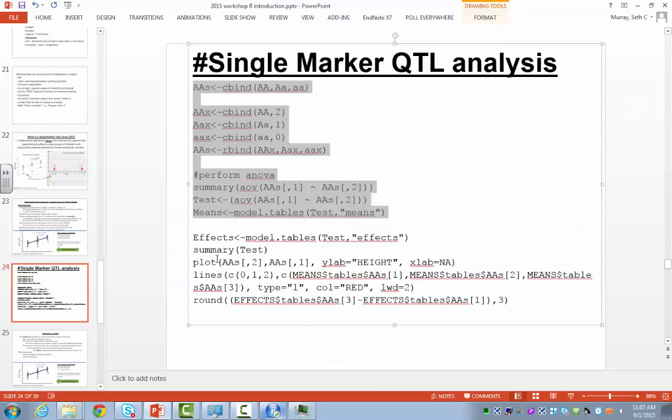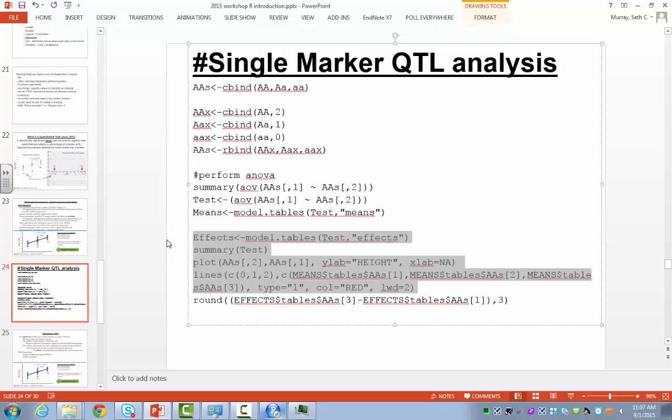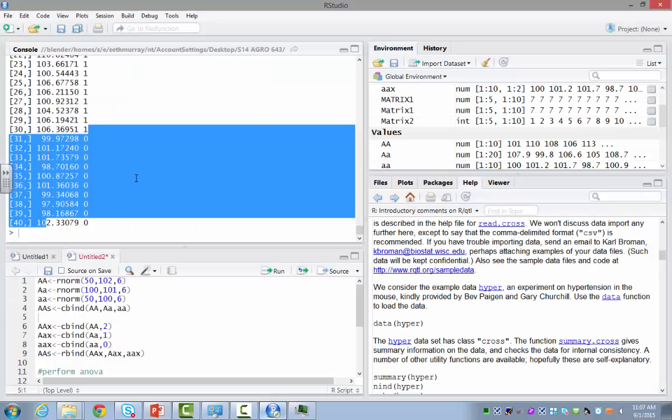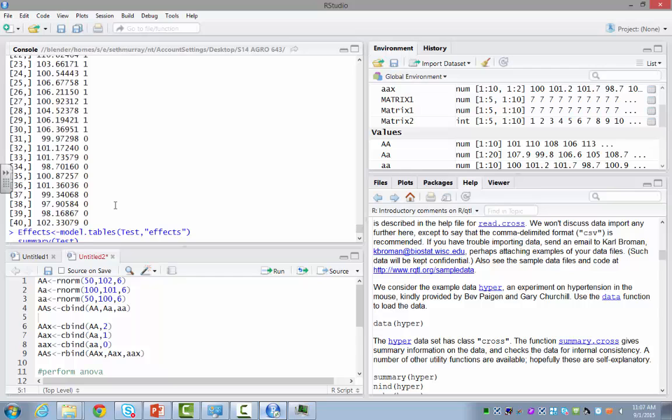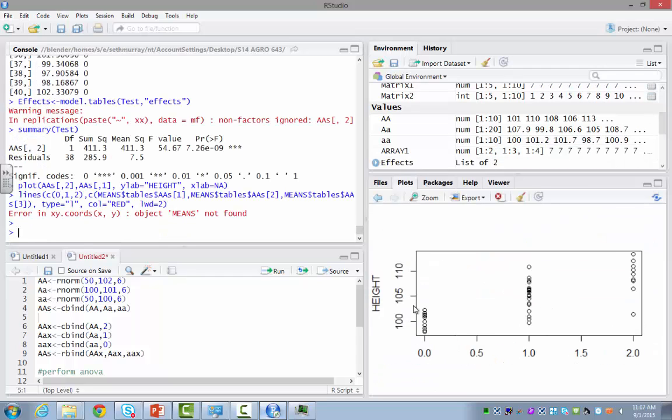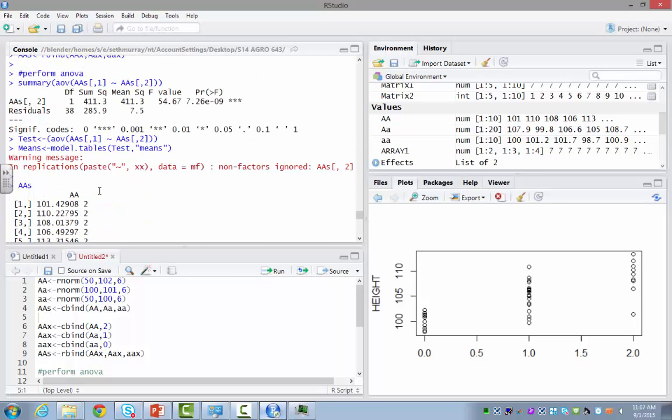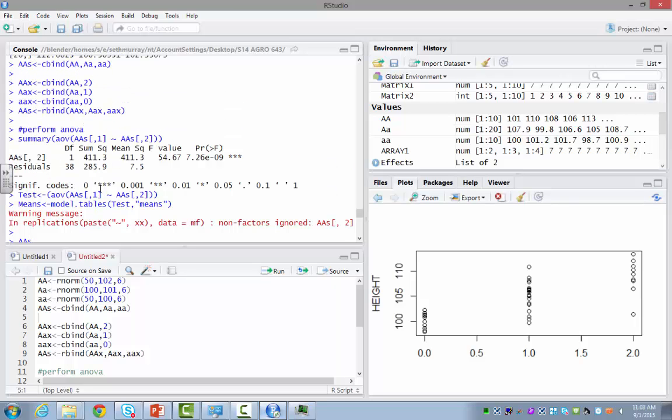Now, when you plotted this, for those of you who've gotten to this, my plot's a little more frilly, because it's not found. Means.